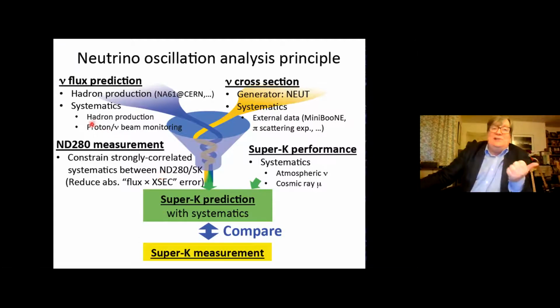And that requires us to make a neutrino flux prediction, which means we have to understand the beam in tremendous detail. It means we need to understand what the probability of a neutrino interacting with a nucleus is. And that requires us to understand nuclear physics theory in considerable detail. And we have to understand the performance of all our detectors.